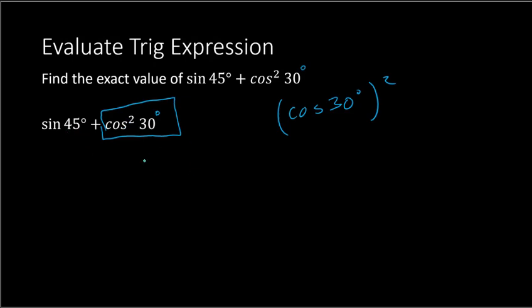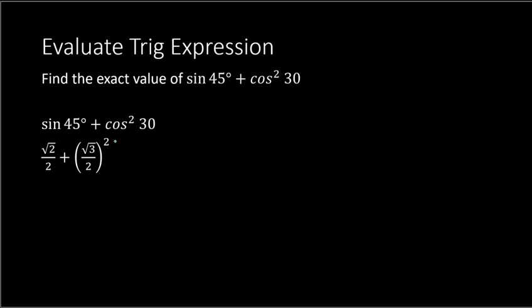Assuming we have those ratios memorized, the sine of 45 degrees would be the square root of 2 over 2, and the cosine of 30 degrees would be the square root of 3 over 2. And then we have to square that, because we have that cosine squared right here. So now we just go through the arithmetic of figuring out what this would equal.